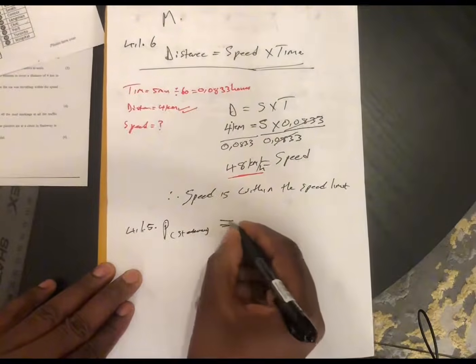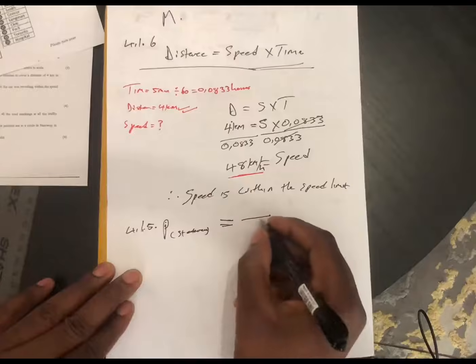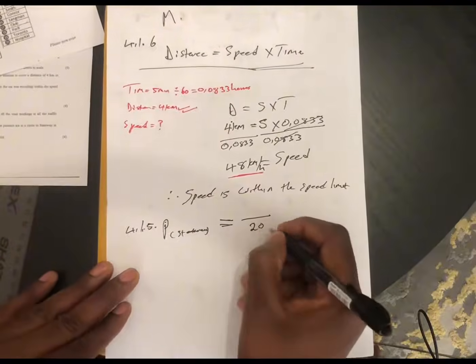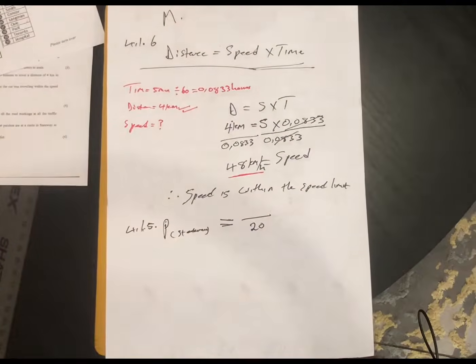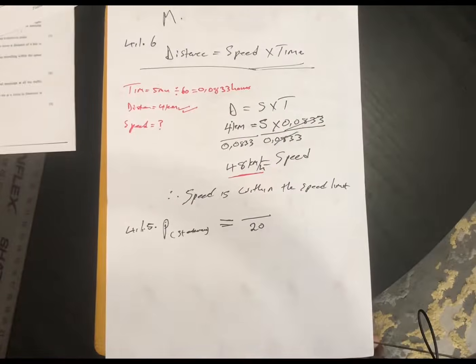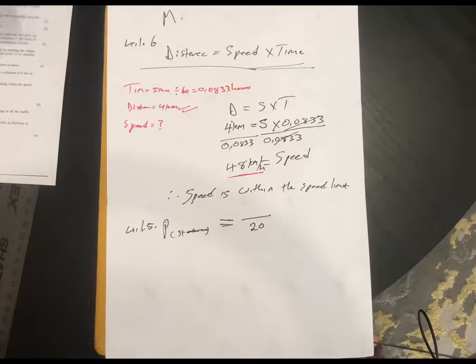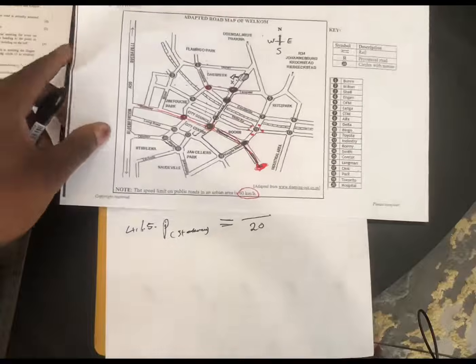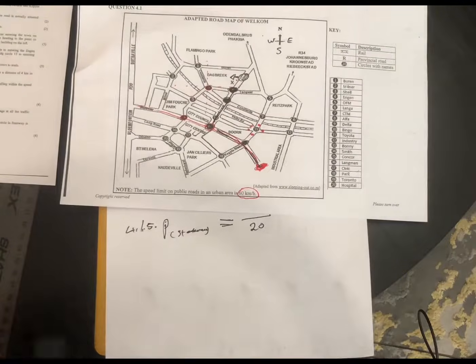is going to be equal to, we know that we are having how many circles? We are having 20 circles. So we already know the denominator, or the number that we must divide with. The only thing we need to do, because they're talking about circles on a state way, is locate the state way on this map and count the number of circles on that state way.